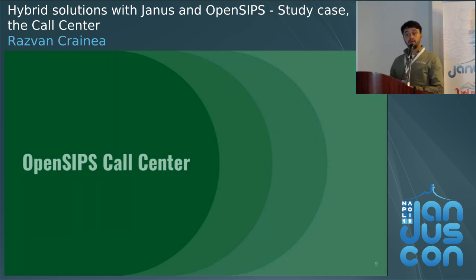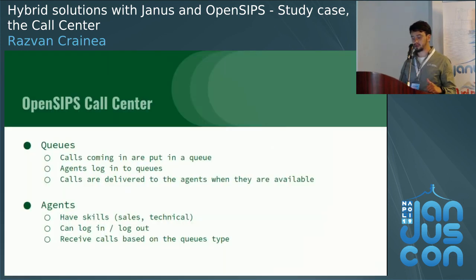Now let's talk a bit about OpenSIPS Call Center, so we know exactly what the scenario does. In OpenSIPS we have a module called Call Center, which can define different queues, and you can attach different agents to the queues. You can have agents be part of different queues based on their skills.